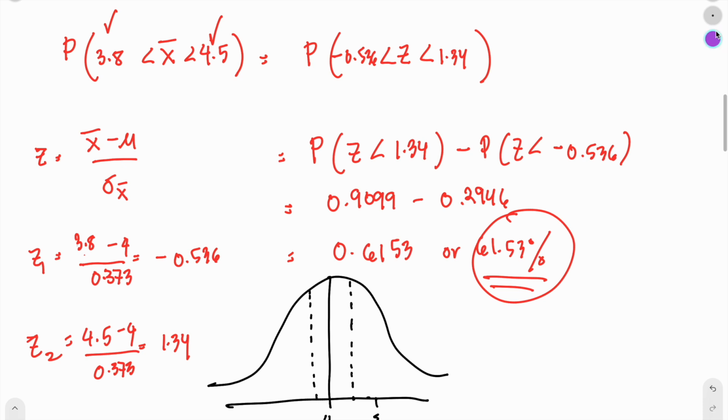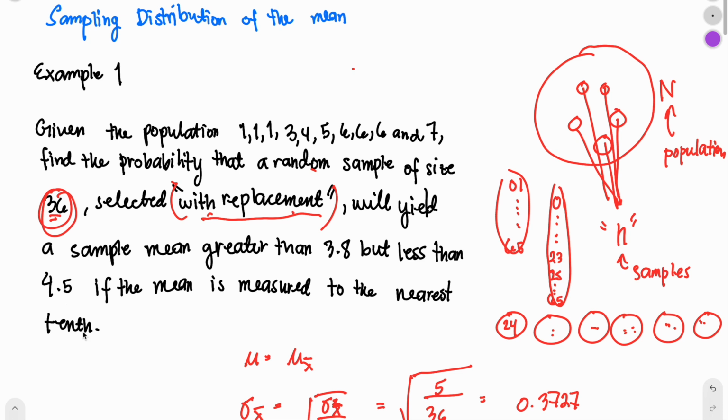So the shaded area, the area that we're looking for, is this one. Okay. In a minute I'll give you an example of without replacement. I'll just pause this video for now.